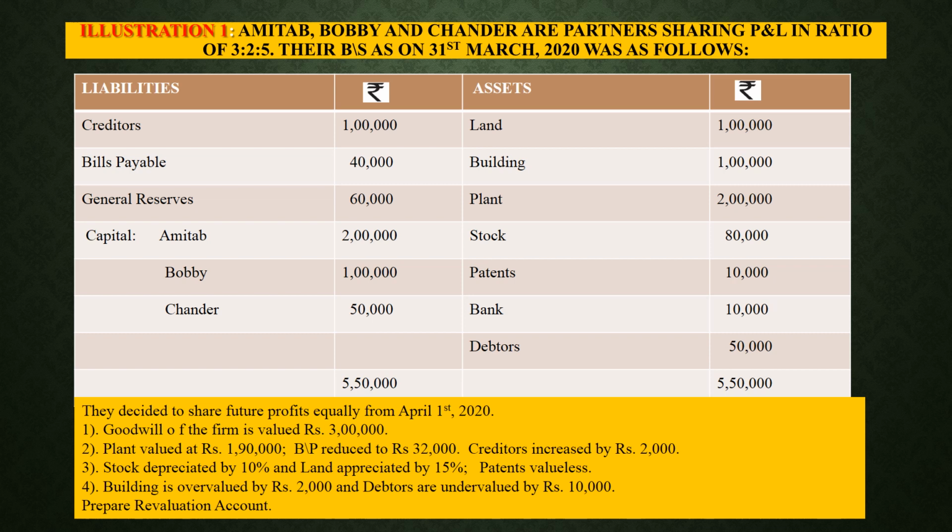In this question, the adjustments are mainly related to the terms at, to, by, depreciation, appreciation, valueless, overvalued, and undervalued. So in solution, we will focus on these adjustments and their treatment.